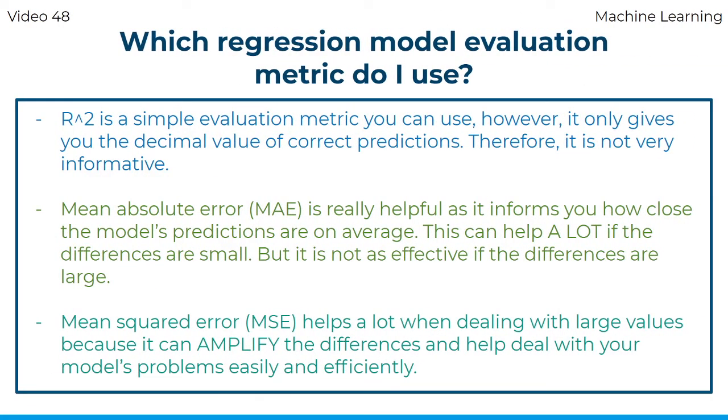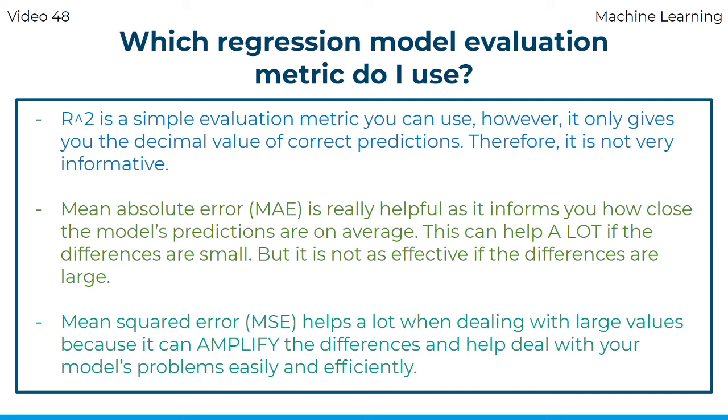Here is my slide, and it says, which regression model evaluation metric do I use? Here are the three regression model evaluation metrics that we have covered so far. The first one we covered is R squared.